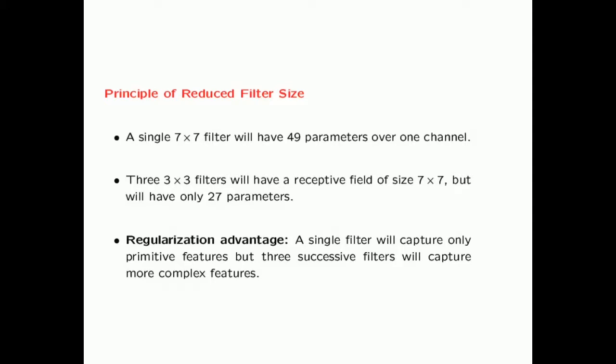Now, if you look at 3x3 filters, you will need three layers of 3x3 filters in order to get the same receptive field, because the receptive field will increase from layer to layer. However, in this case, for each layer and each channel, you have only 9 parameters. Since there are 3 layers, you will have 27 parameters. So it reduces the number of parameters you use. Also, the 3 successive filters will be able to capture more complex features, because the input is passing through more non-linearities.